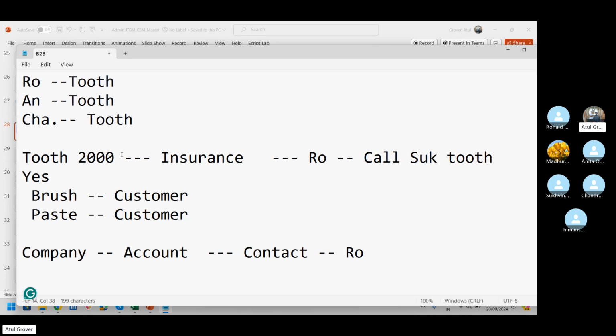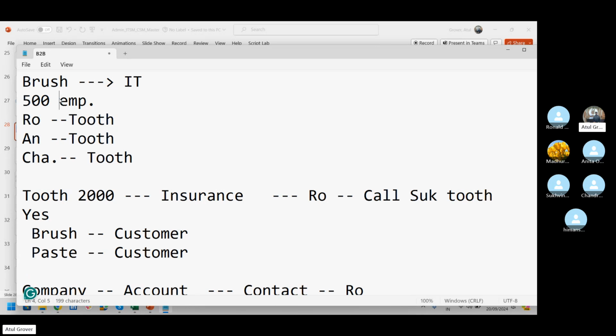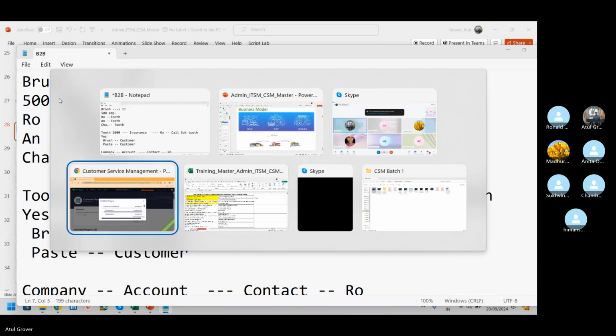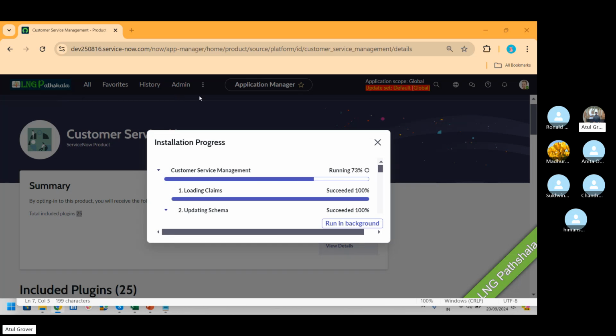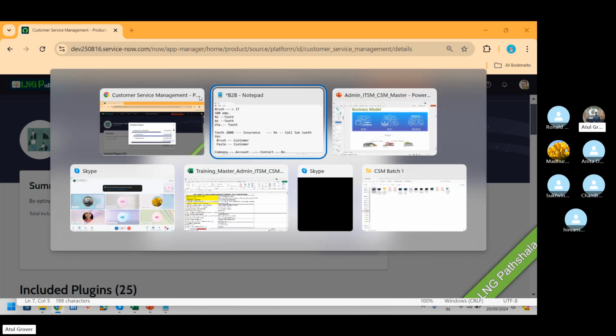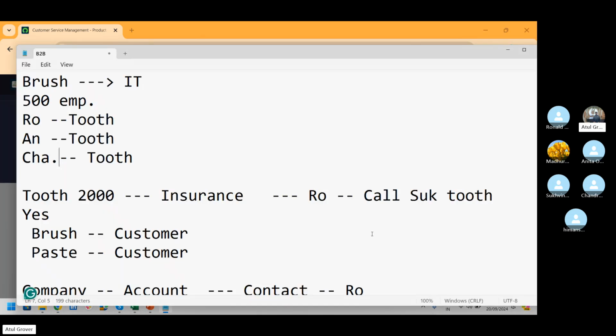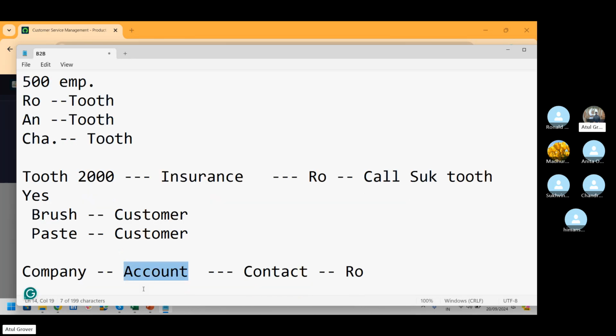Consider yourself that you are from the tooth company. Don't consider that you are coming from the brush company. You are from the tooth company. That is case number one. So now when this plugin gets installed, we will create the records for the account.